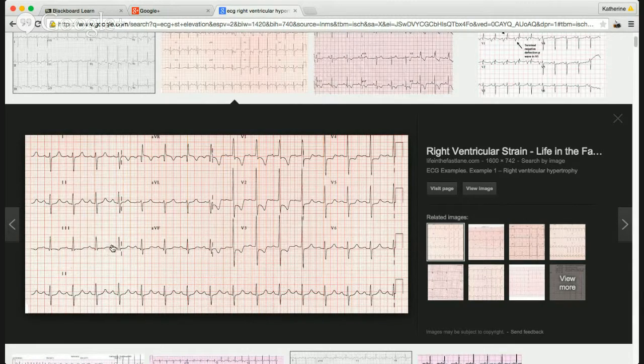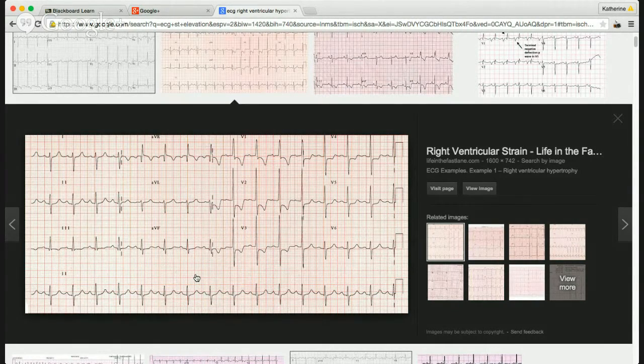Next we do axis, and I'm going to look at lead 1, which is mostly a negative QRS, and lead AVF, which has mostly a positive QRS. So we are going right axis deviation. I think it's extreme right axis deviation, which would be between -90 and -180 degrees.